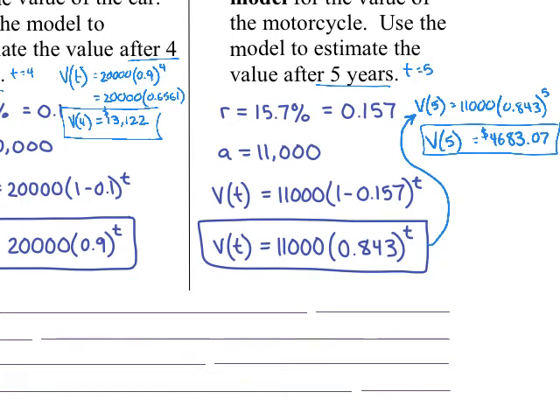V of 5 equals 11,000 times 0.843 to the 5th power. When I do that, we get this number right here. So the value of the motorcycle after 5 years is only $4,683.